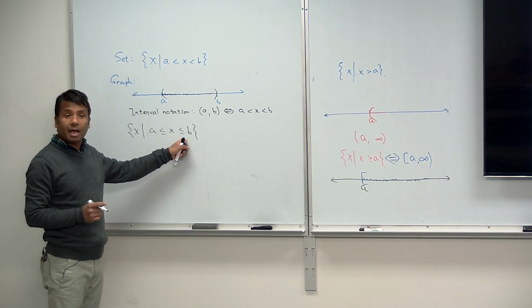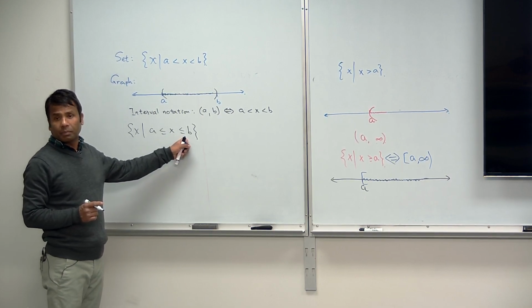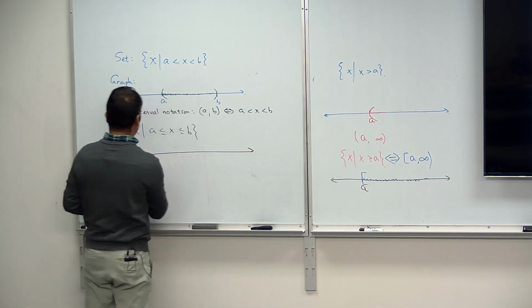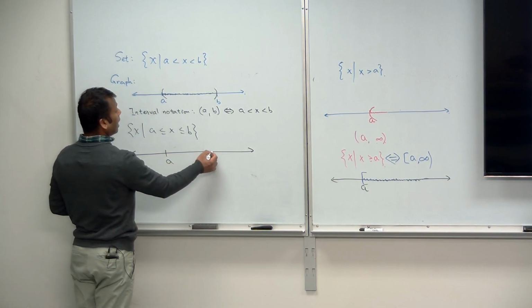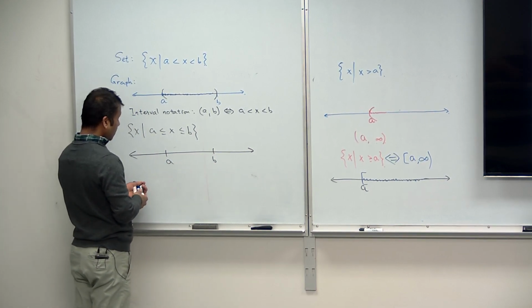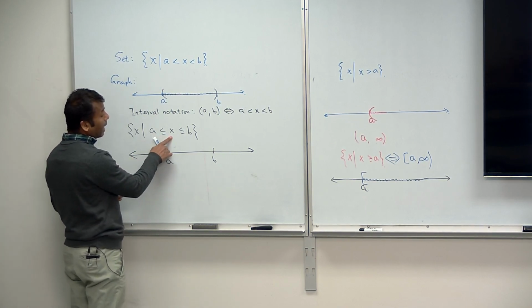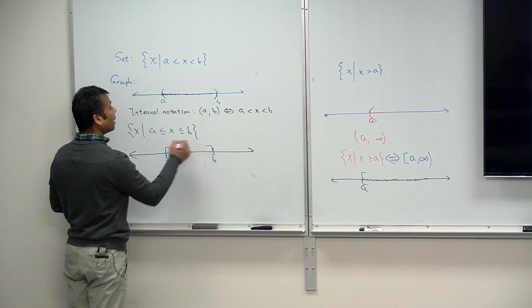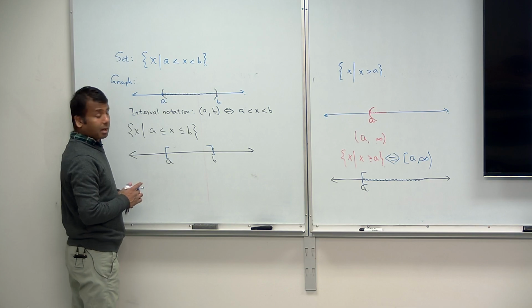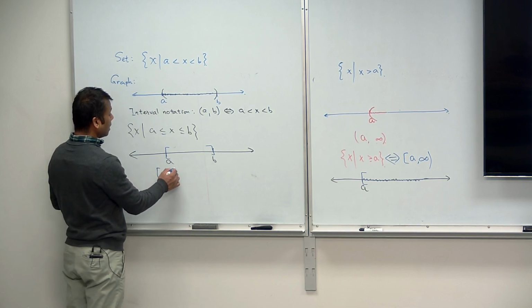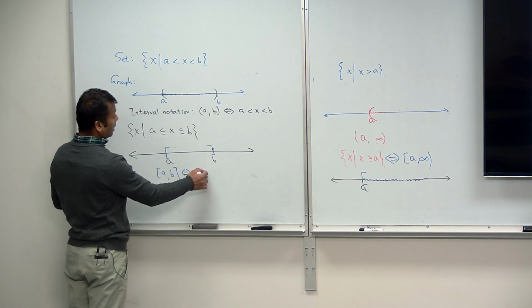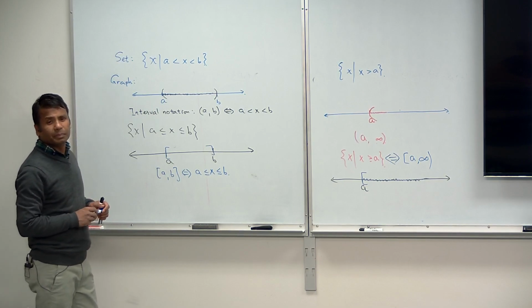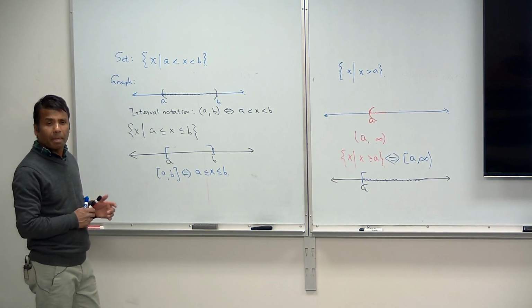And x is less than or equal to b. Does that make sense? So now if you draw the number line and you have a here and you have b here, and you see this is a is less than or equal to x is less than or equal to b, you include the endpoints. So that means you put the what? Brackets. That makes sense? And now this is equivalent to what? A is less than or equal to x is less than or equal to b. Right? Are you with me?